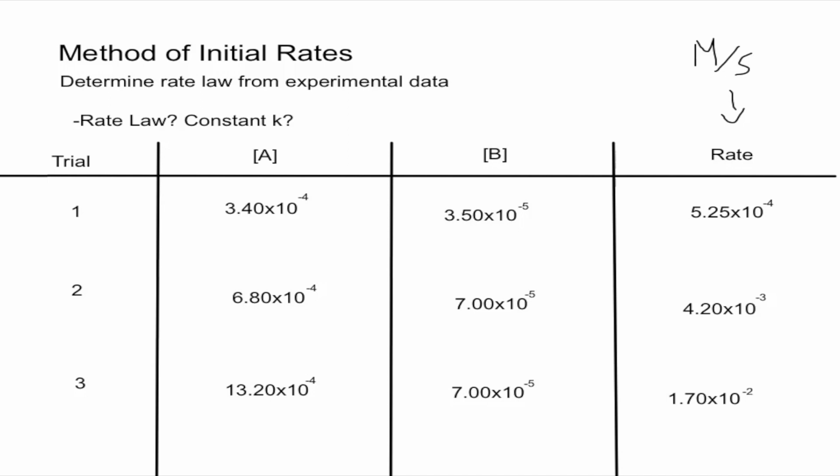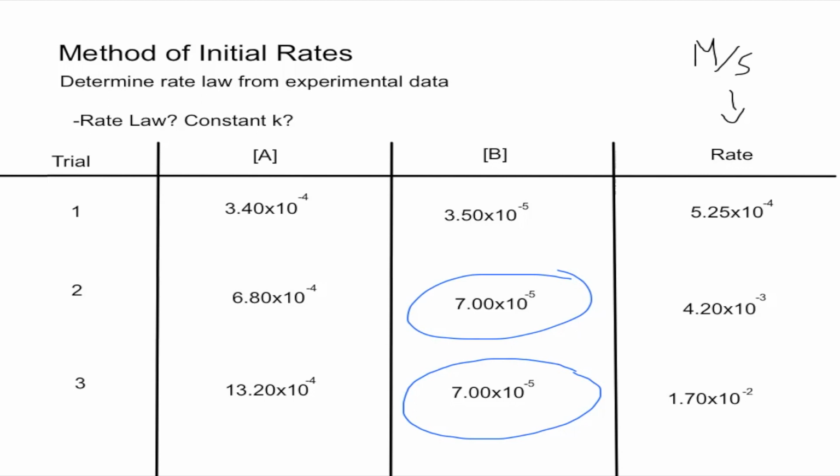Now for the actual method of initial rates. The first step you want to do is to find 2 different trials in which the concentration of the reactant is the same. So trial 1 is not similar to any of the other trials, but trial 2, however, has the concentration of B equal to the concentration in trial 3.